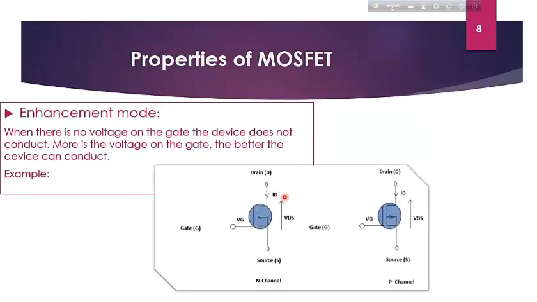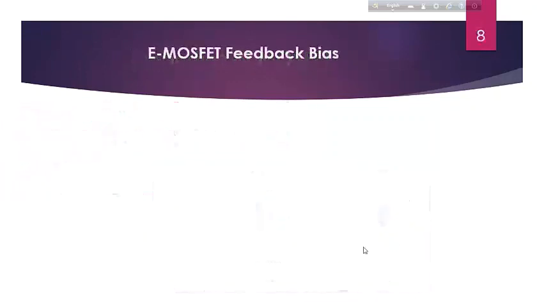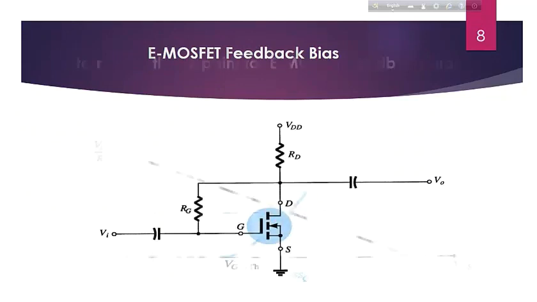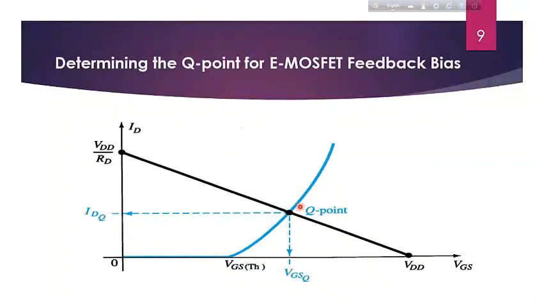On my left is N channel and the right side is P channel. The feedback bias is like this, not much necessary. This is most necessary for us. Here you can see this picture is also the opposite of depletion mode.